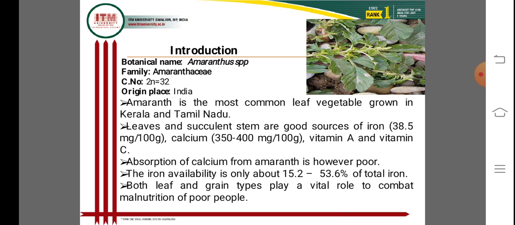Both leaf and grain types play a vital role in combating malnutrition for poor people in many countries and areas of the world. So both leaf and grain types are very important for nutritional purposes.